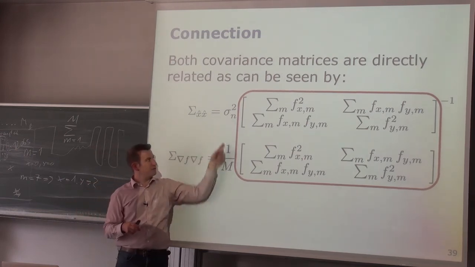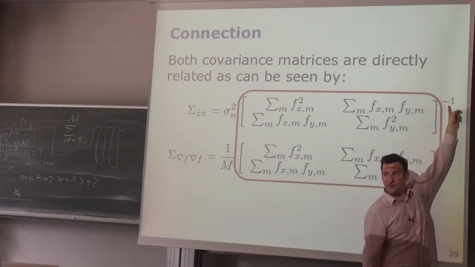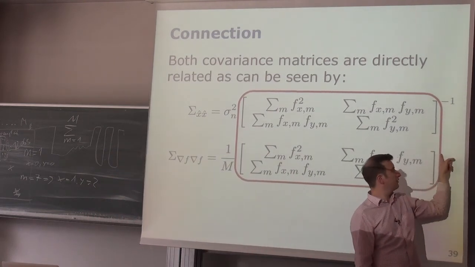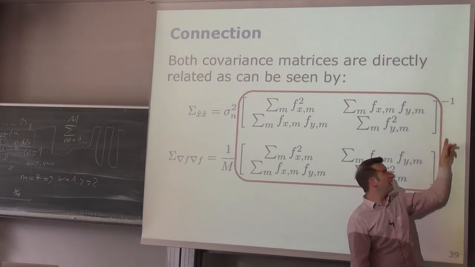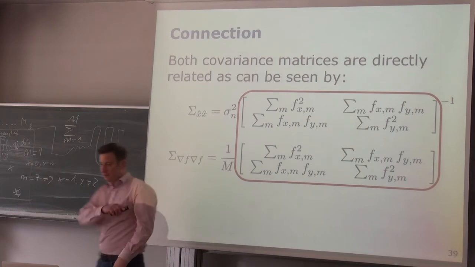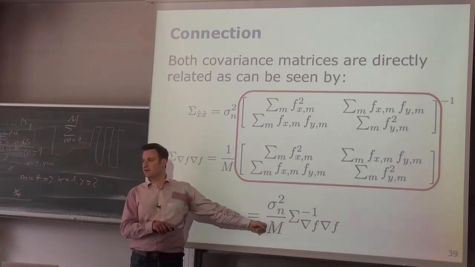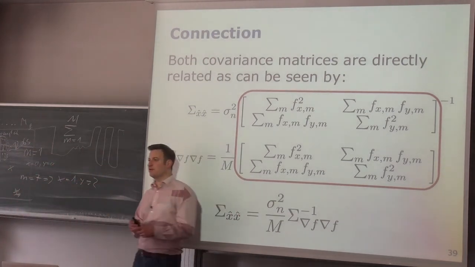They have a different factor here. And the key thing is this one is inverted, the other one is not. So there's no power of -1 here, but a power of -1 here. I can put that together. I can get the equation that the covariance matrix of the shift is a factor which depends on the noise in my image function and the number of pixels that I'm considering, and the covariance matrix of my gradients.